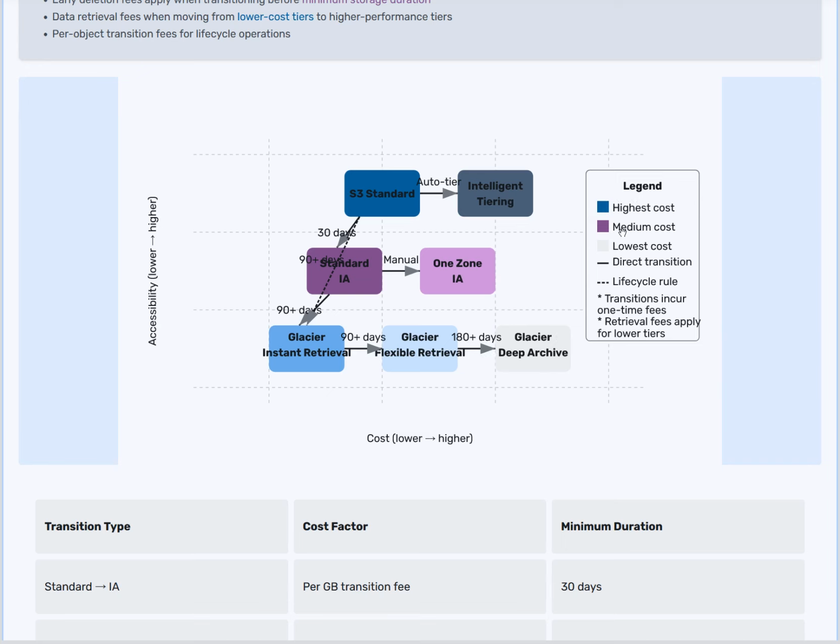So highest cost, medium cost, lowest cost, direction of transition, lifecycle rule. So the lifecycle rule comes this way, and transition incurs a one-time fee, and retrieval fees apply for lower tiers, right?